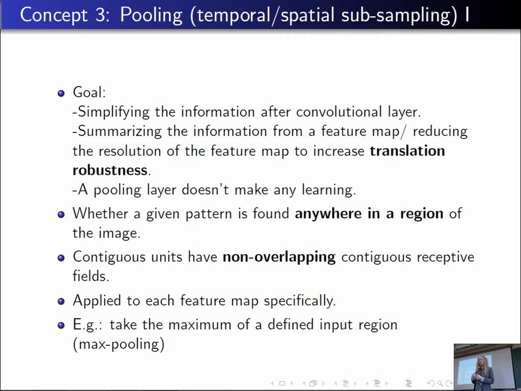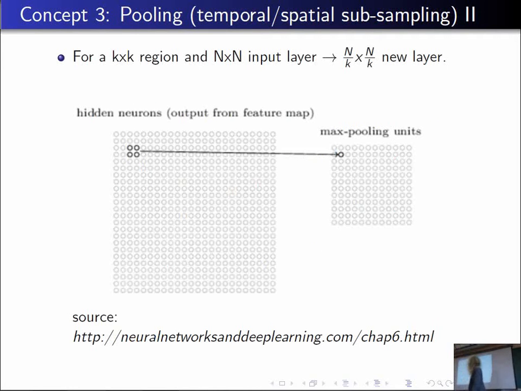So here it is whether a given pattern is found anywhere in a region of the image. Anywhere in a region means you determine the dimensions of your pooling, like say 2 by 2, and then you summarize that information for that region into one neuron.